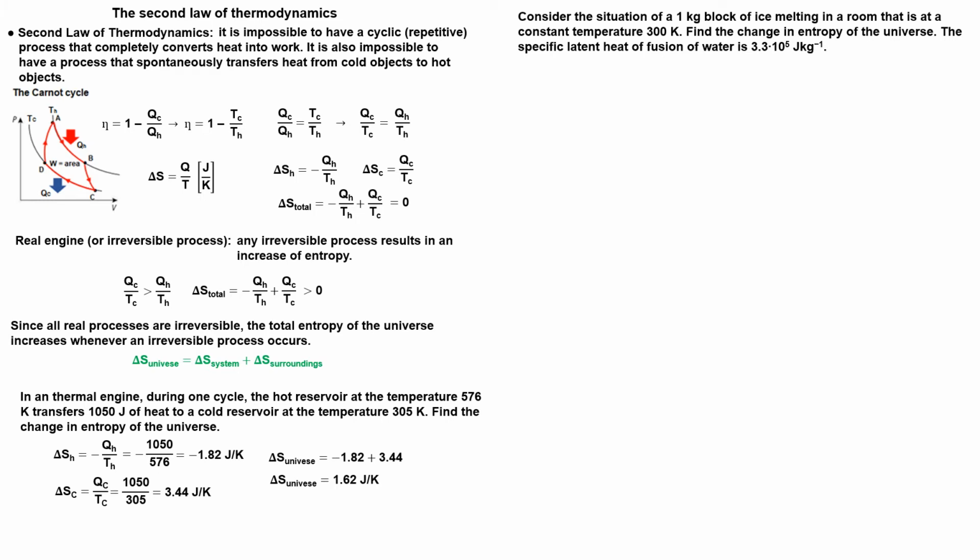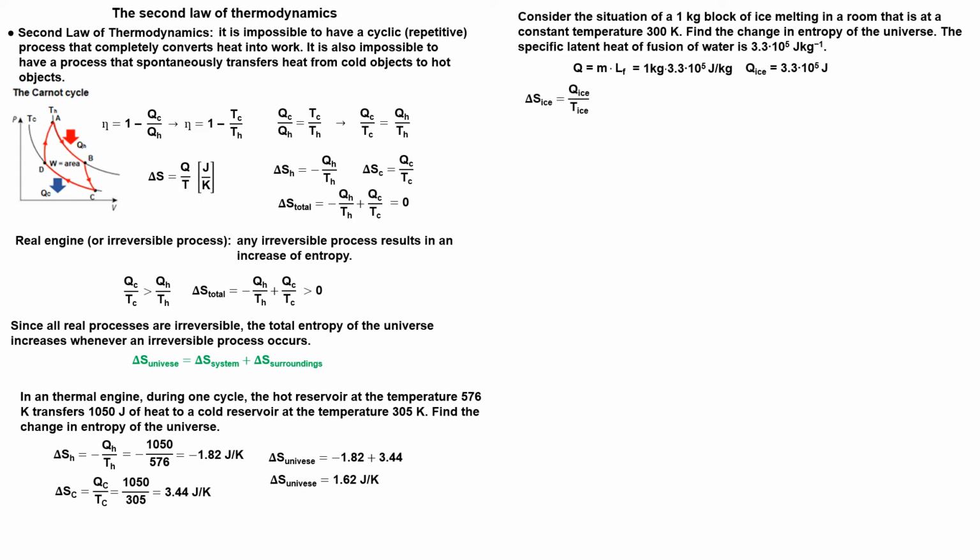The energy needed to melt the ice is the mass times the specific latent heat of fusion. Ice melts at a constant 273 kelvins.